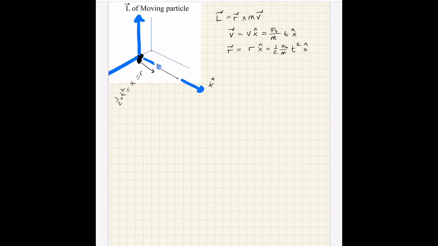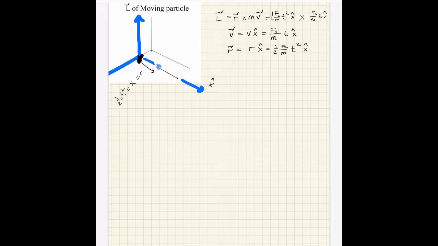And when I go to take the cross product for angular momentum, I'm really just taking the cross product of two vectors that are both entirely in the x hat direction. So regardless of this dependence on time, I'm still looking at x hat crossed with x hat. Those vectors are parallel to one another. Here's r and here's mv.